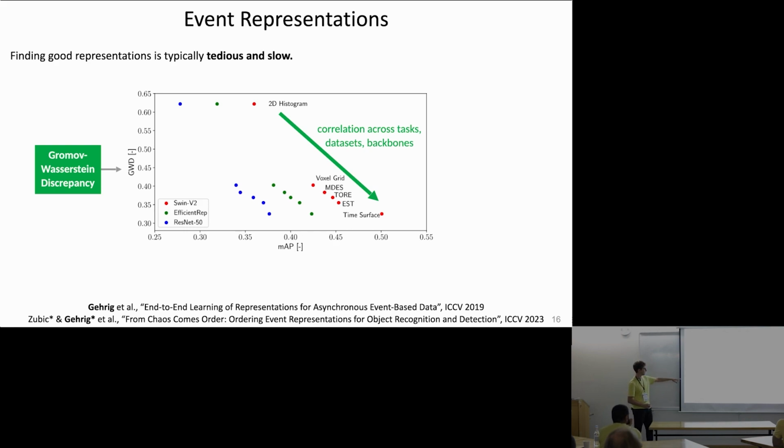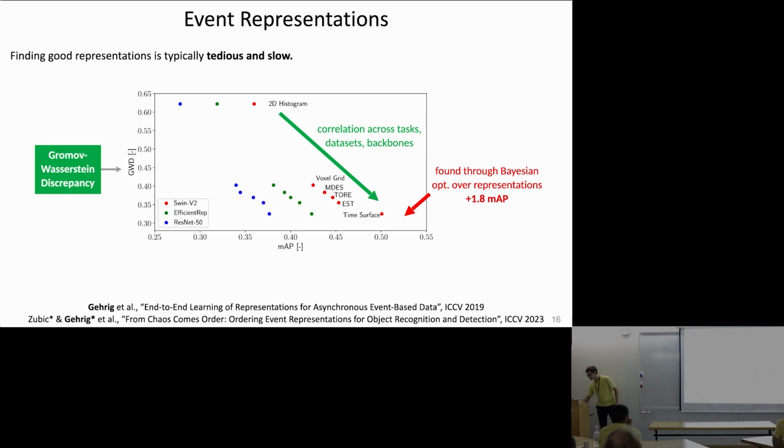Here we're showing a metric, mAP. It's an object detection metric which tells you how well you can distinguish different classes and draw bounding boxes around them. And we can see that as the GWD reduces, the mAP always increases. This is for different neural networks that we tried, different representations in text next to the dots, and also for different datasets and different tasks.